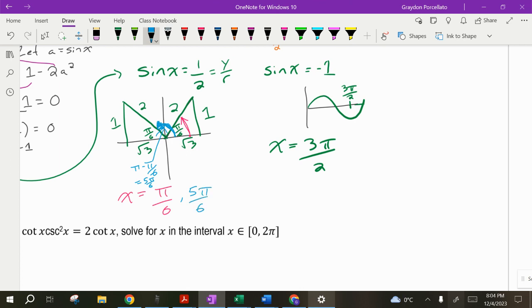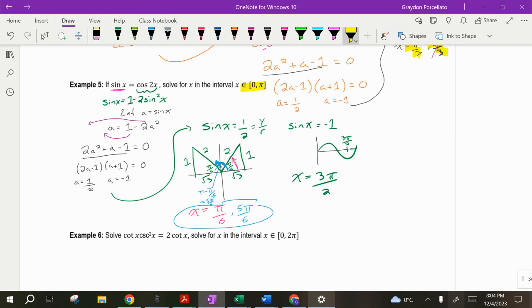Now, did I mess this up? Let's check our interval. Our interval is between 0 and pi. Well, the 3 pi over 2 answer is not applicable, that's bigger than pi, and the other two were. So just one answer not applicable.